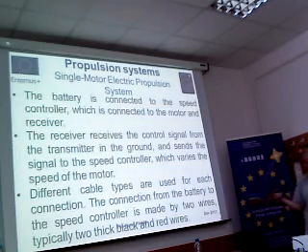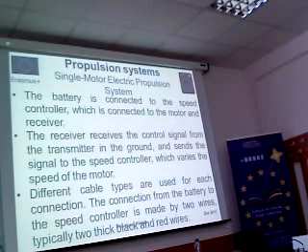So this is what I have just explained to you. The battery is connected to the speed controller, which is connected to the motor and receiver. The receiver receives the control signal from the transmitter on the ground and sends the signal to the speed controller, which varies the speed of the motor.